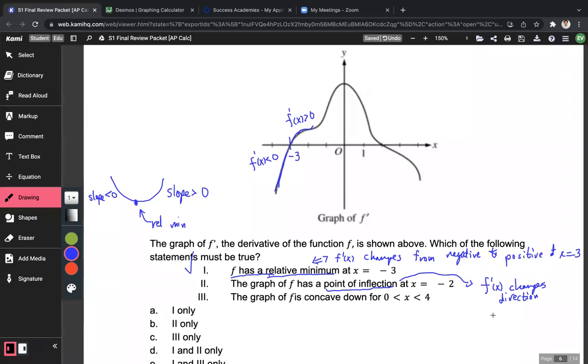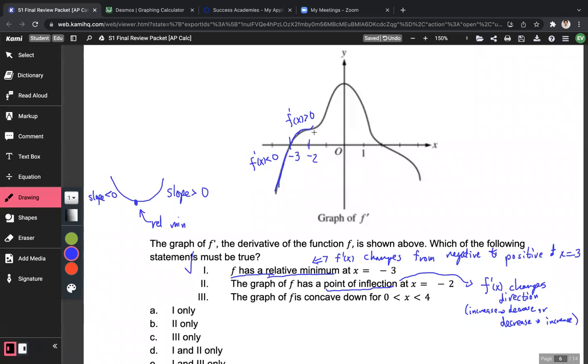So f prime of x changes direction. In other words, increasing to decreasing or decreasing to increasing. Doesn't matter which one. They'll both give me a point of inflection. Okay, at x equals negative 2, does that occur?